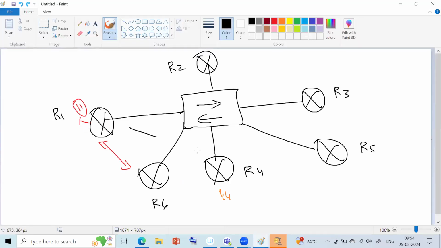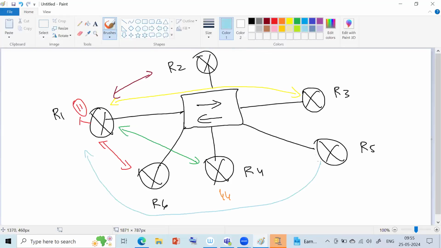R4 comes, he forms neighborship only with R1. This guy forms neighborship only with R1. Same goes with R3, only neighborship with R1. Same goes with R5, only neighborship with R1.